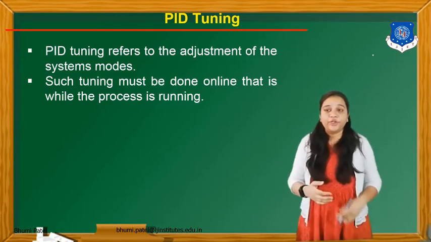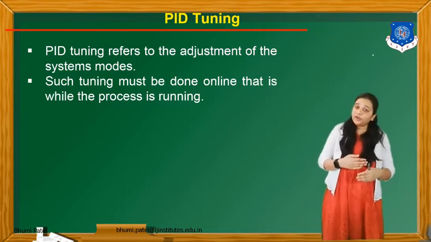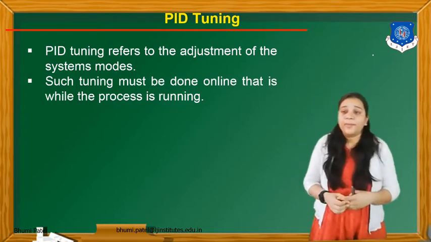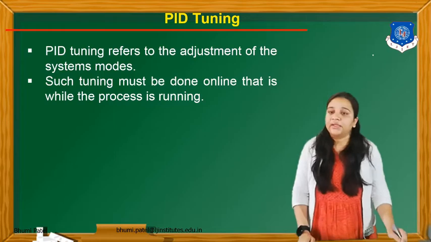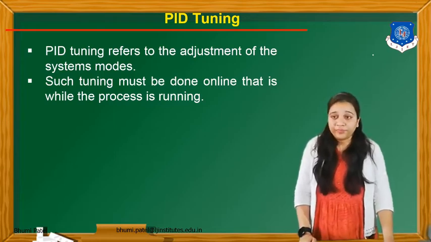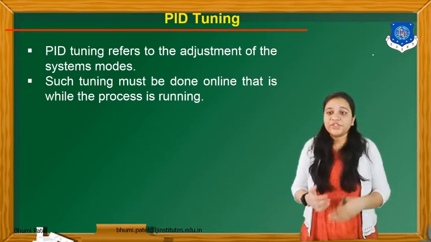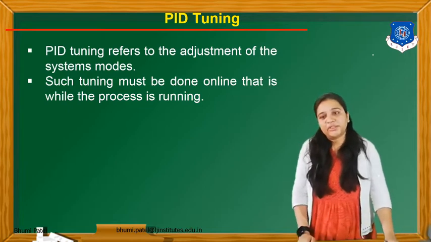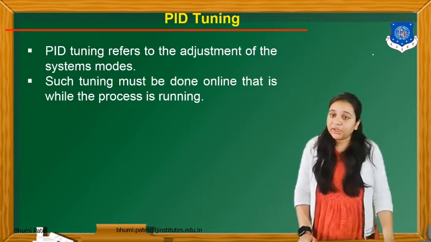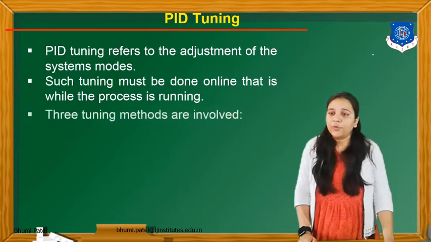We can continuously check the process and the data until we get the proper output. We cannot change the mode during the process, so using PID tuning we can easily check the output data.